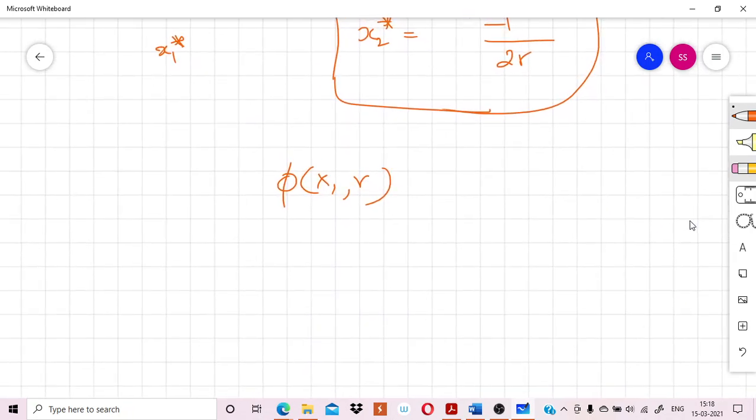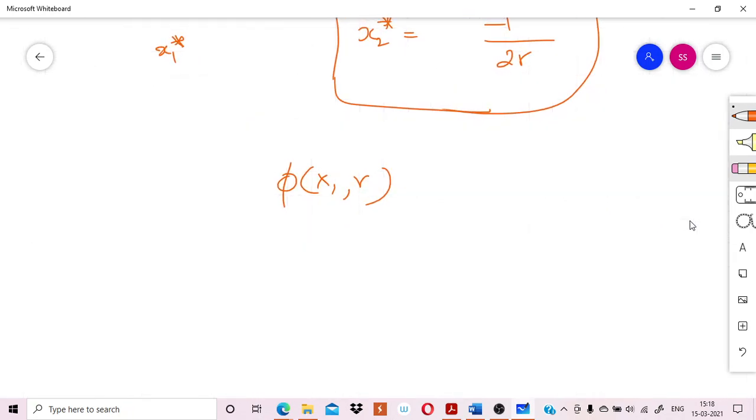Okay, yes. I'm rewriting x1 star, which is a function of r, because I will tell you why.